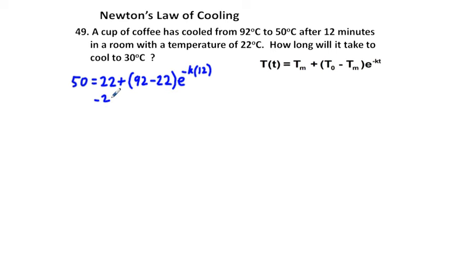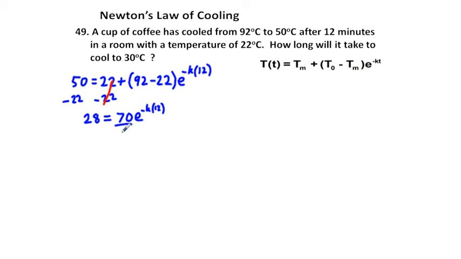So if we subtract 22 from both sides of this equation, 50 minus 22 is 28. So we have 28 equals, and we can take this 92 minus 22, and I think that's 70. So we rewrite that as 70, and we have e to the negative k times 12.